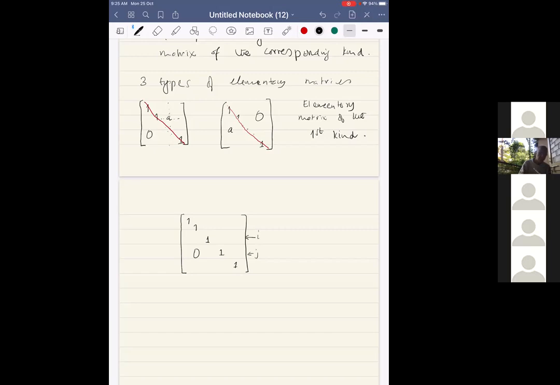And then you do the following: you make the 0 here, make the 0 here, make this 1 here, and make 1 here. So this is the elementary matrix of the second kind.